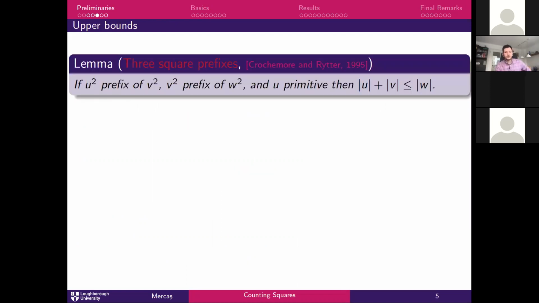One of the main tools in proving these results on squares was the three square prefixes lemma. And this says that if you have a certain position in a word with three squares starting, namely U is a prefix of V and V is a prefix of W, and all of U squared, V squared, and W squared start at the same position, then for U primitive, you have that the lengths of U and V together are smaller than the length of W. So the largest of the squares will contain the smaller two, right?